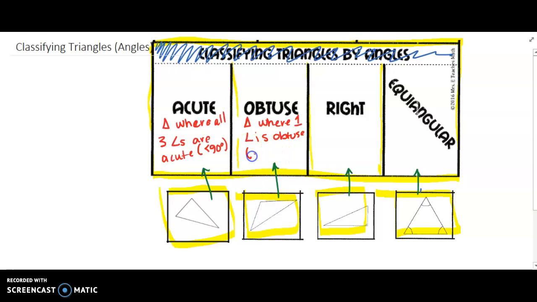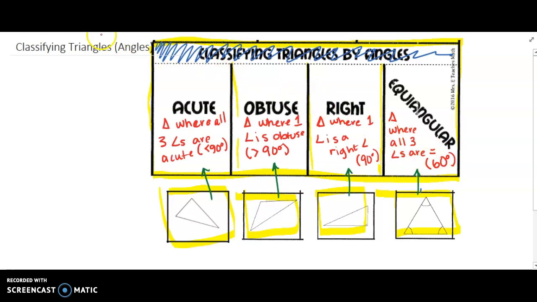And remember, when I say obtuse, I mean greater than 90 degrees. Okay, now a right triangle is a triangle where one angle is a right angle, and remember, right angle is 90 degrees. And last but not least, an equiangular triangle is a triangle where all three angles are equal. And if they're all equal, they each would have to be 60 degrees.